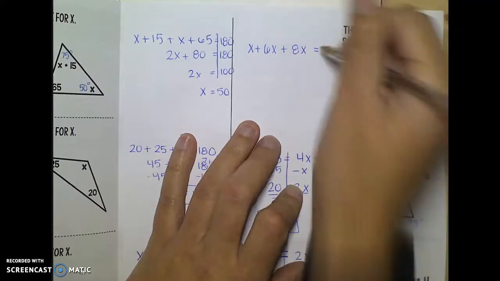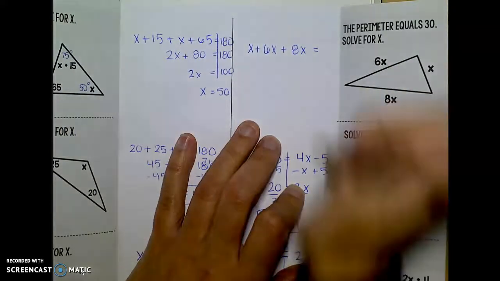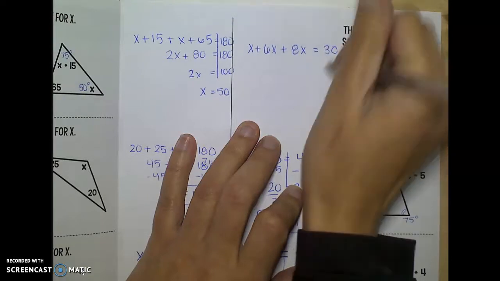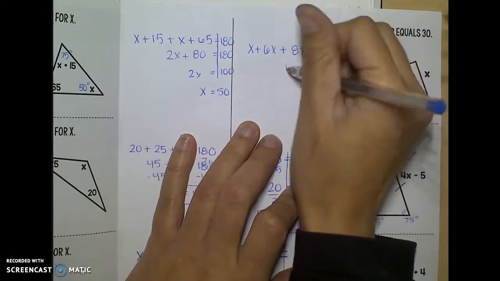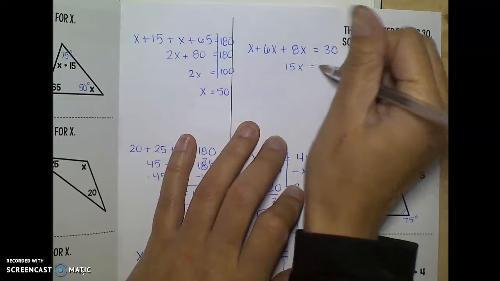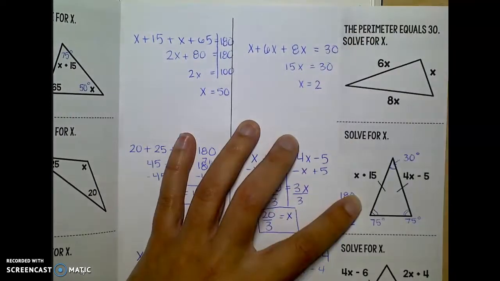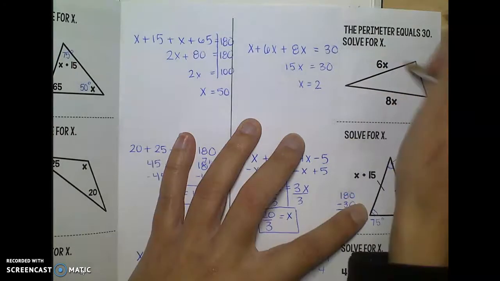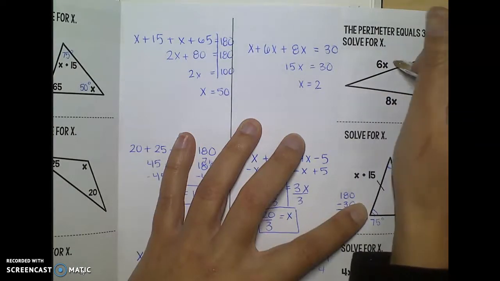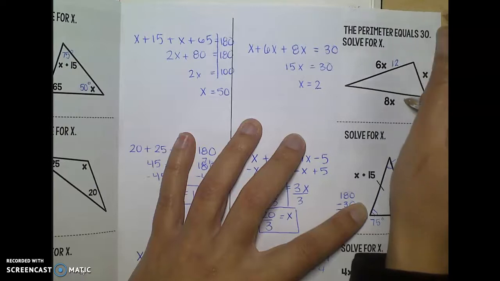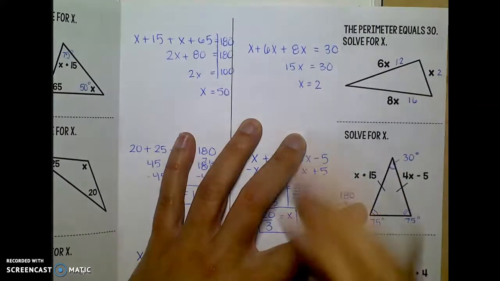And since they're telling me that the perimeter is 30, I'm going to set it equal to 30. So when I combine like terms here, I'm going to have 15x, and so x is 2. Then I could find each side. Like this one would be 2 units long, 12 units long, and then 16 units long.